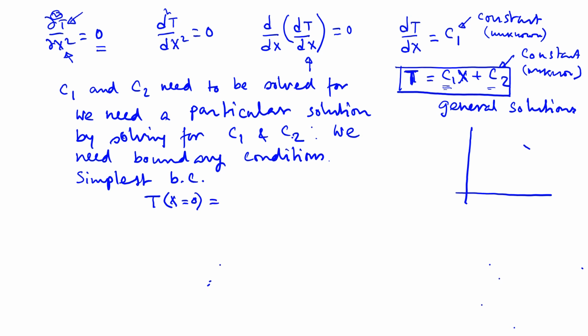So what is T1? This is a value given. For the purpose of this class, it is typically a constant, but it doesn't have to be. It can be a function of some other variable like time.